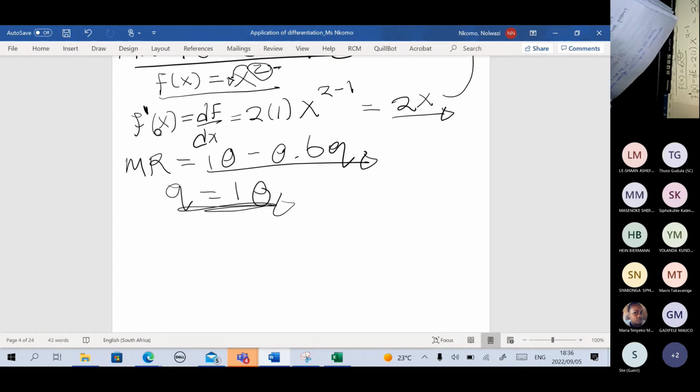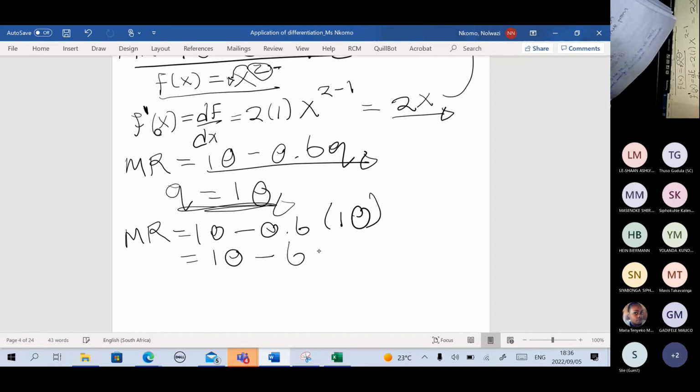This means we have to substitute this Q in our marginal revenue. 0.6 times 10, so this means we have 10 minus 6, which is 4, right?